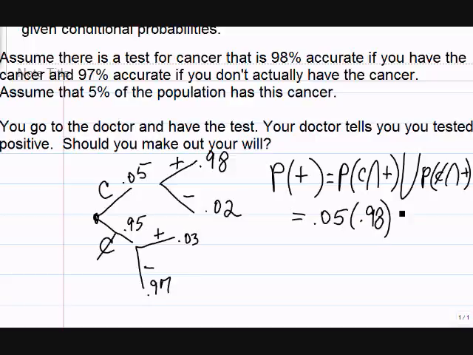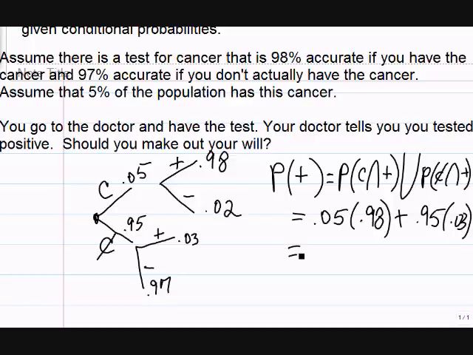Or plus, the don't have cancer and test positive is the branch down the 95 and the 0.03.